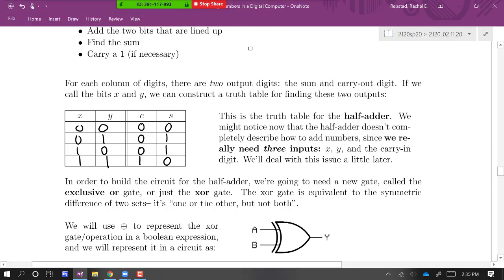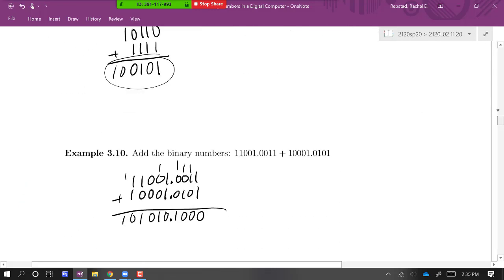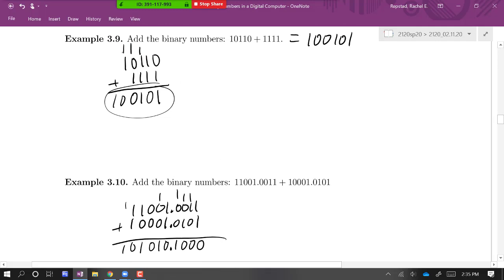So we're just talking about how, if these are the two digits that we line up to add, like when we're doing the addition, and then this is the sum digit and this is the carry digit. We're just trying to emulate what we did when we added numbers. So each row in that truth table is like looking at a particular column.